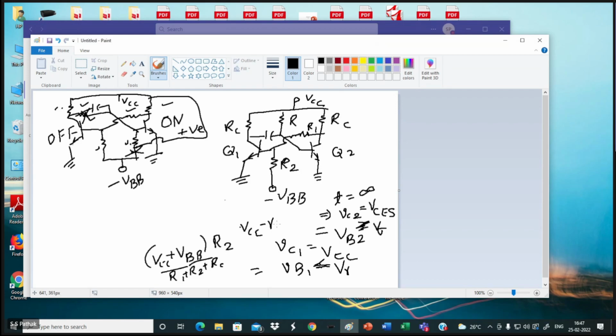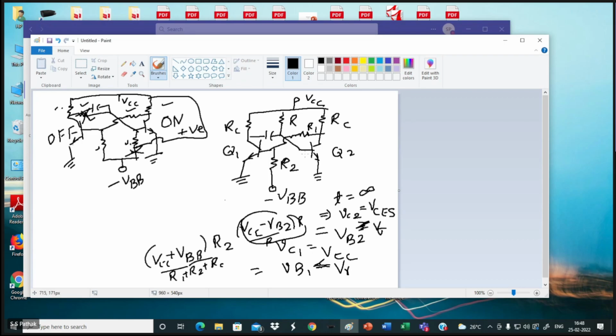VCC minus VB2 divided by R is the current. Okay? This current is coming here. It is just like VB2 only. This equation I did not write. This into R is my VB2, so it is VB2 as it is.